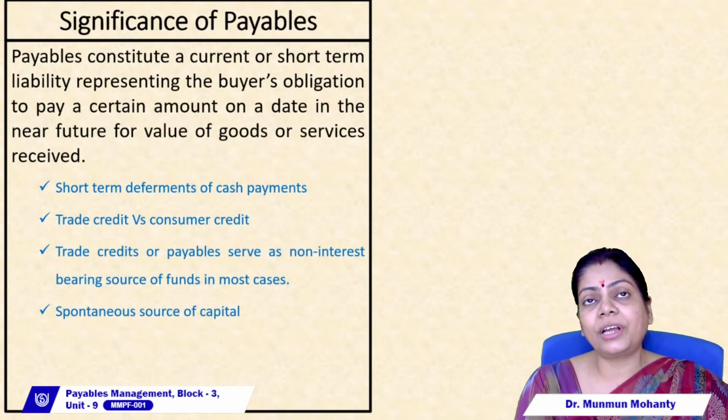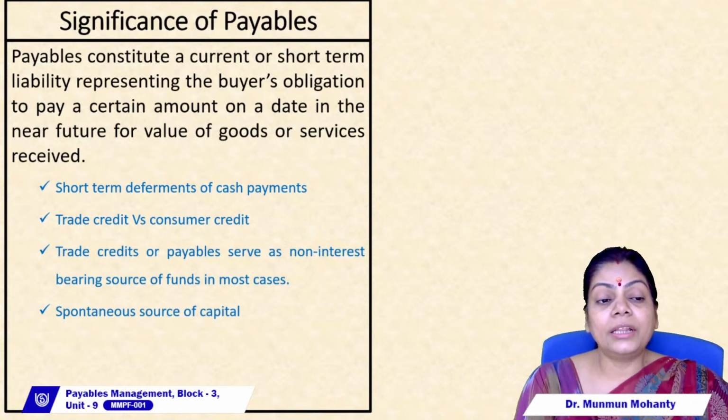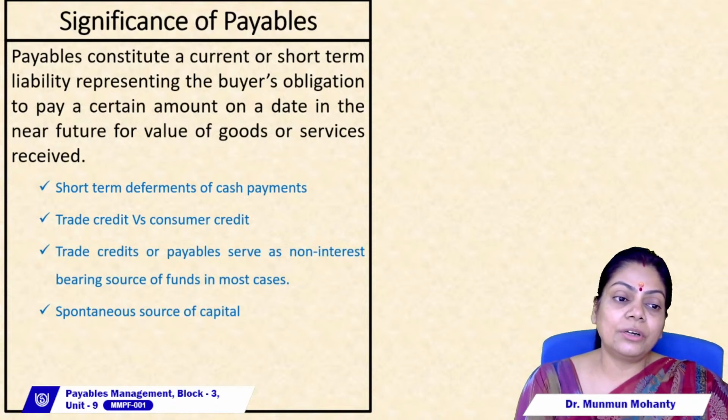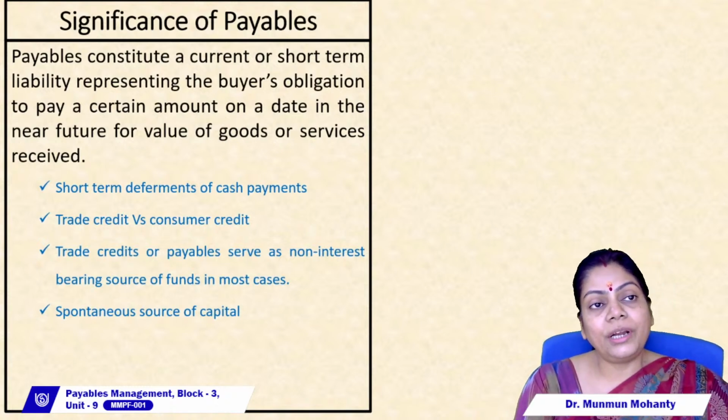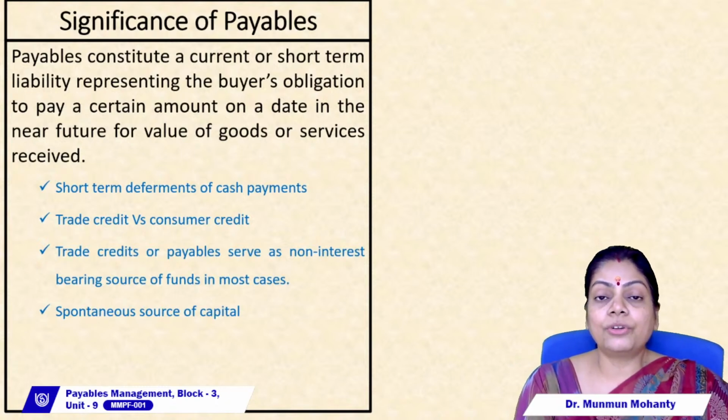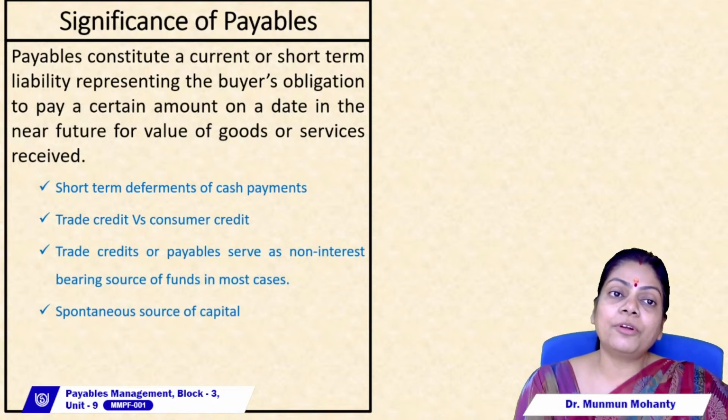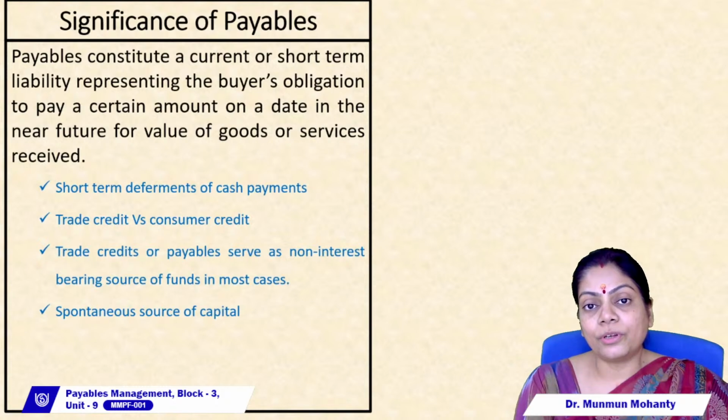Now, we have to be very careful regarding the usage of the term trade credit vis-a-vis consumer credit. Consumer credit is when the end user of the product or the service is buying from the producer of the goods and services for the purpose of consumption, and he is buying it on credit basis.